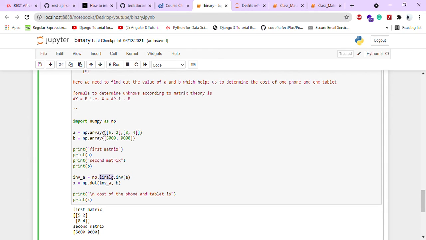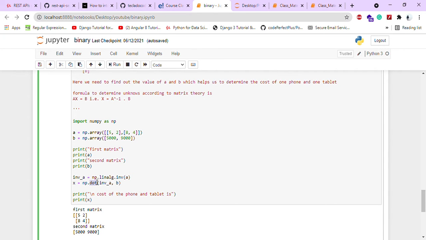The A value is here, and I have used it here, inverse of A. It will check the inverse using this linear algebra functionality, and x is equal to np dot inverse of a comma b. The reason for using the dot is the multiplication of columns and rows.